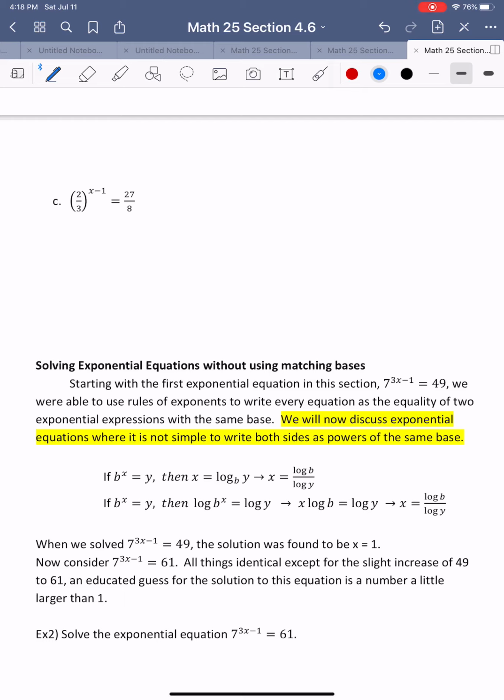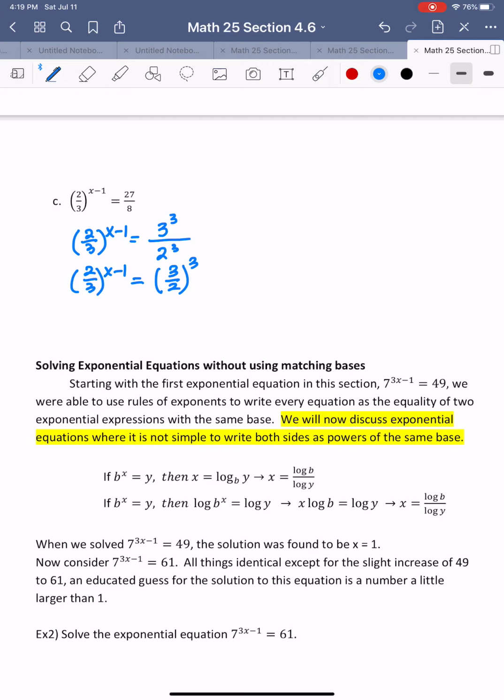Okay, next problem. Well, we can change the 27 over 8 to the same base as 2/3, okay? So we have 2/3 to the x minus 1. I know that 27 is 3 cubed and 8 is 2 cubed, so this is 3 over 2 to the third power.